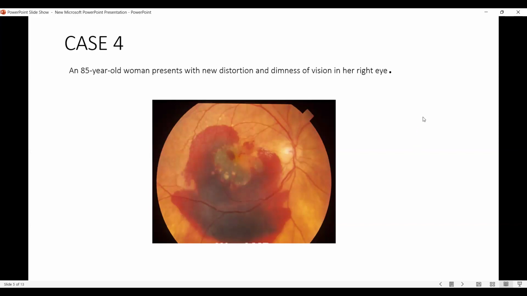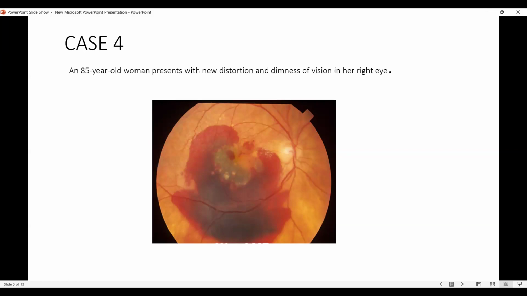An 85-year-old woman presents with new distortion and luminous appearance of the vision of her right eye. This is the color fundus photograph of the right eye showing the optic disc size and shape seem to be normal. There is a huge retinal hemorrhage involving the macula and also the inferior part of the retina.